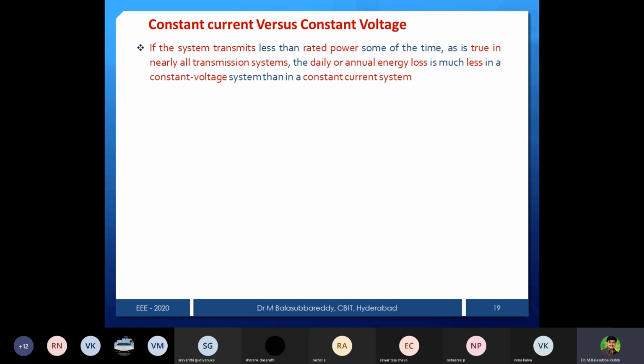If the system transmits less than the rated power, because for a transmission line we call it the thermal limit, each line may have an MVA rating, that is the thermal limit of a transmission line.